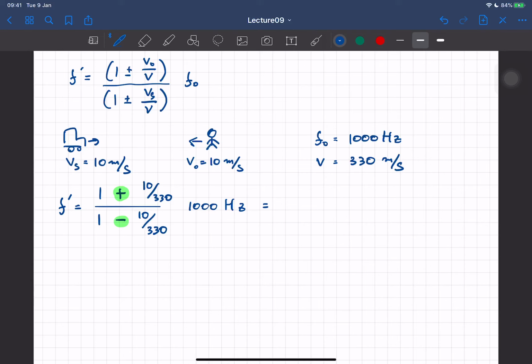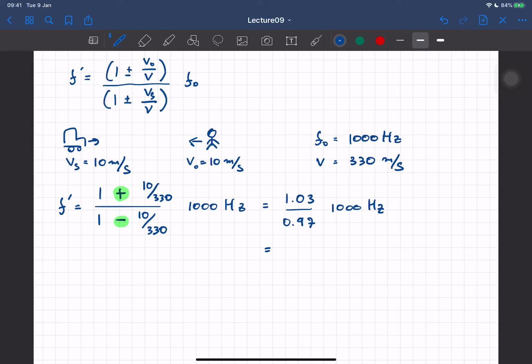Okay? And then if we calculate this, let me just punch in the number clearly. So 1 plus 10 divided by 330, that's going to be 1.03, roughly speaking, divided by 1 minus 10 over 330, roughly speaking 0.97, times 1000 hertz.